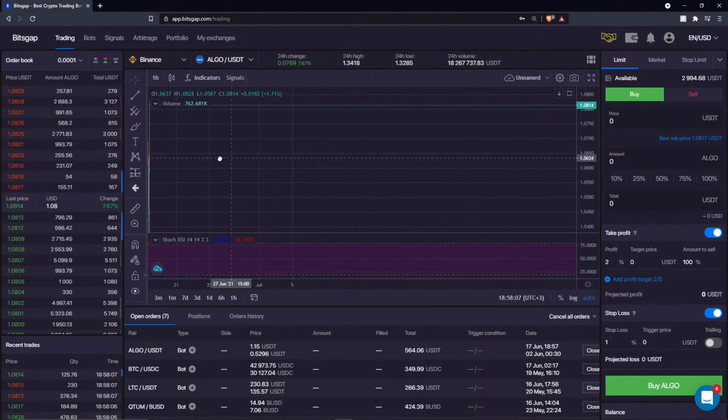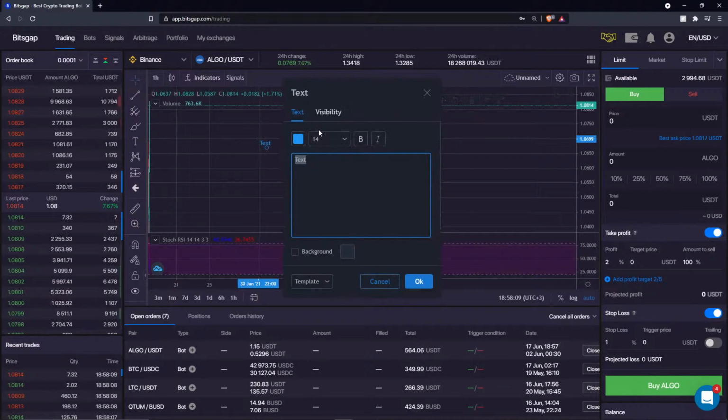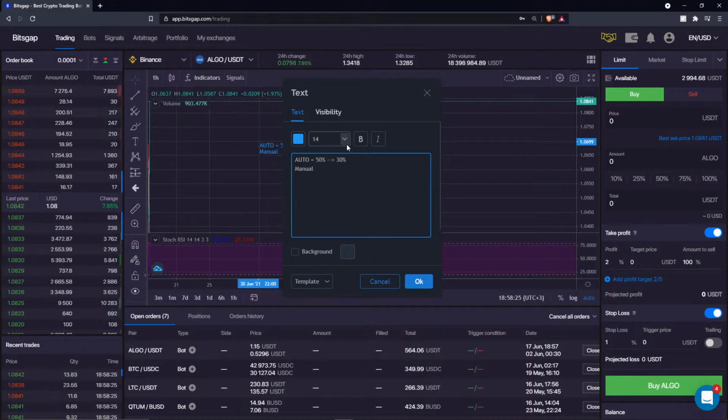So for example, you can see your automated bots, let's say you allocated 50% of your entire portfolio, and you can see that in a month it made you, I don't know, 30%. Let's say you have some manual trades as well, and you allocated maybe 20%, and manual trades made you, I don't know, 50%, whatever.